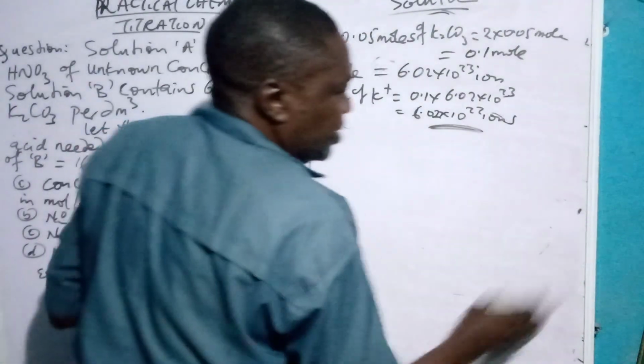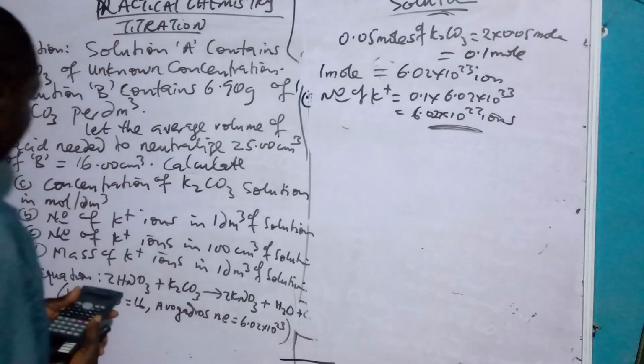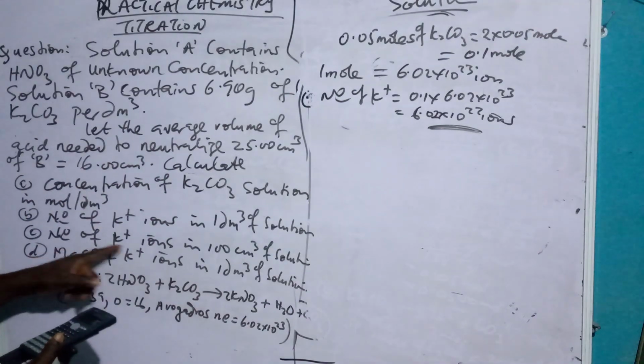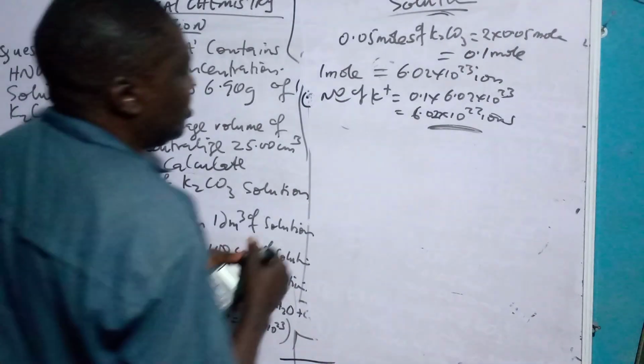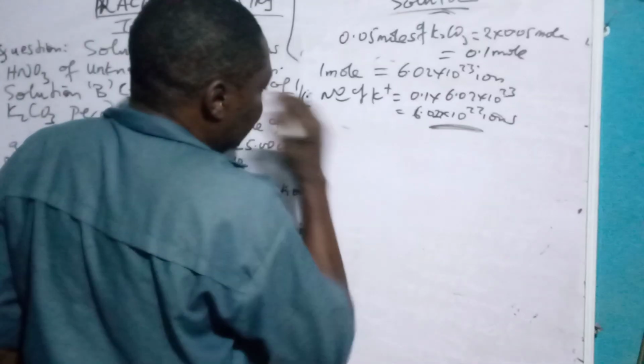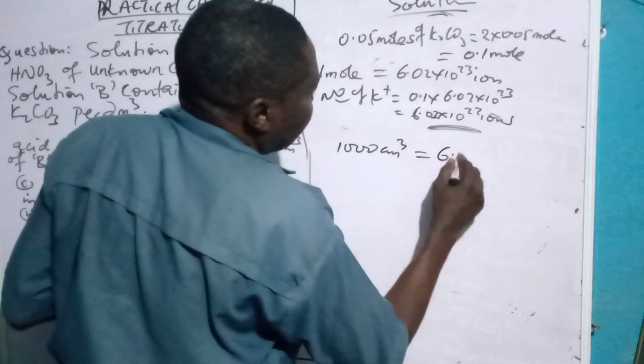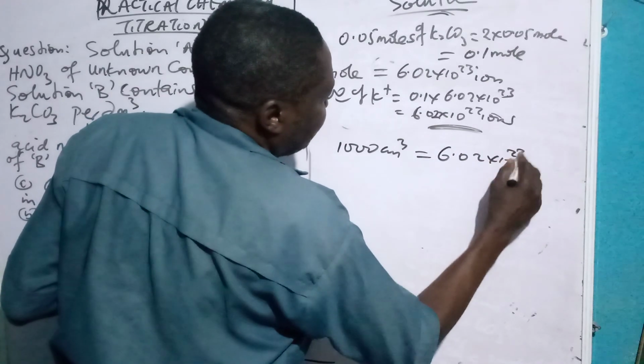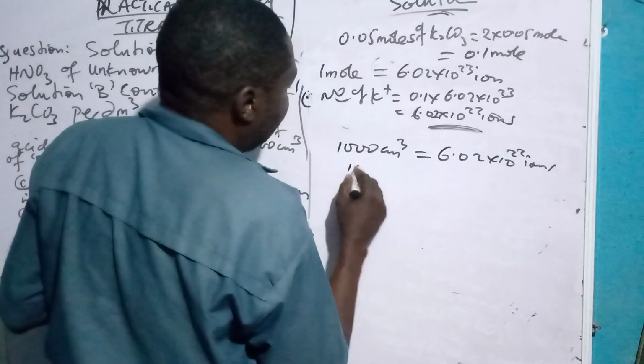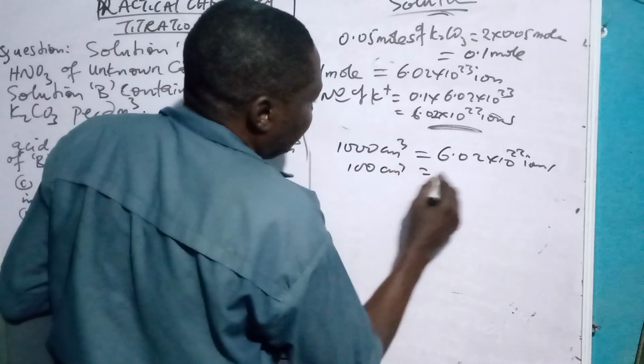Then the third question. For the third question, it says number of potassium ions in 100 cm cube. Remember, this one is in dm cube. You say 1000 cm cube will give you 6.02 times 10 to the power 22 ions. Then 100 cm cube gives you x.